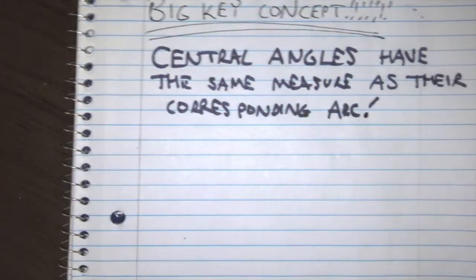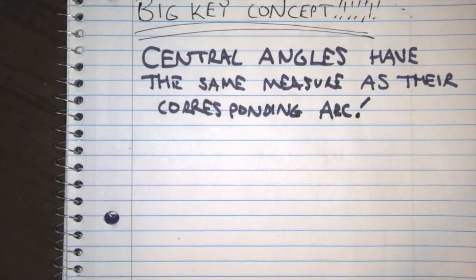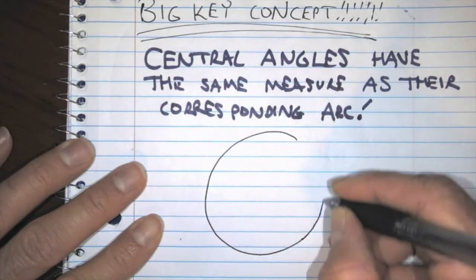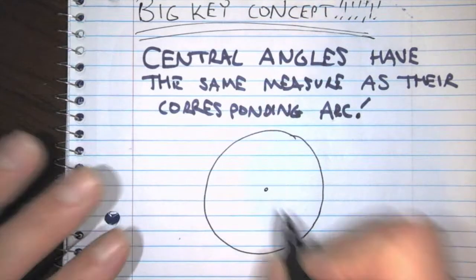I don't know about you, but my head just kind of exploded right there. Central angles have the same measure of their corresponding arcs. Draw a picture. Maybe that makes sense. I don't think it did.